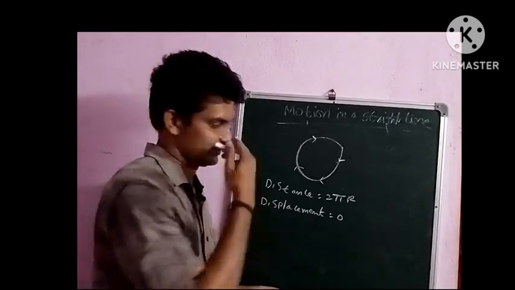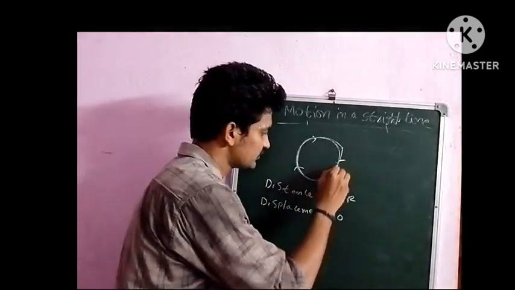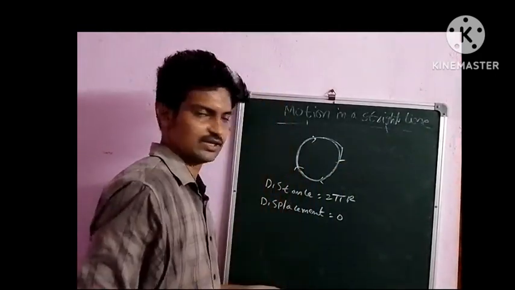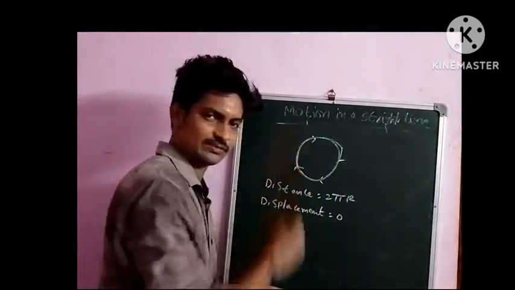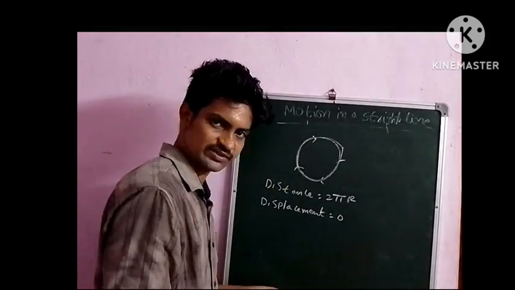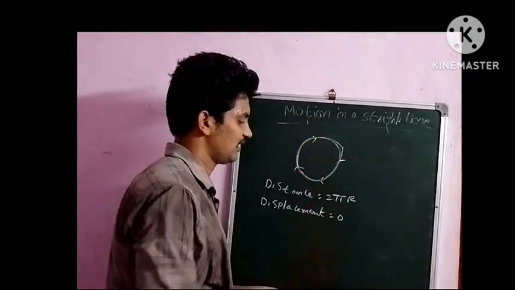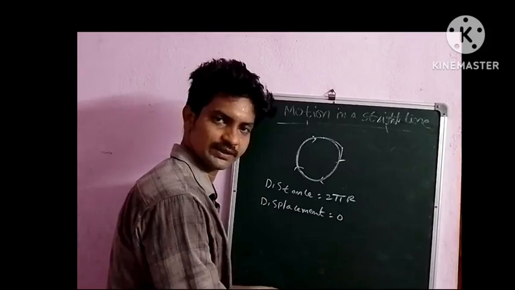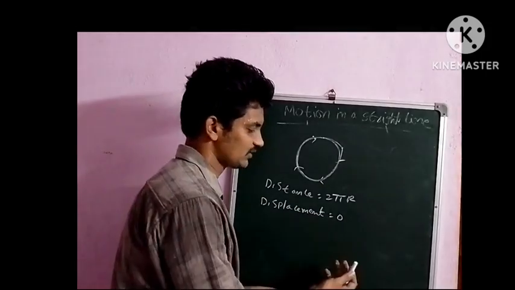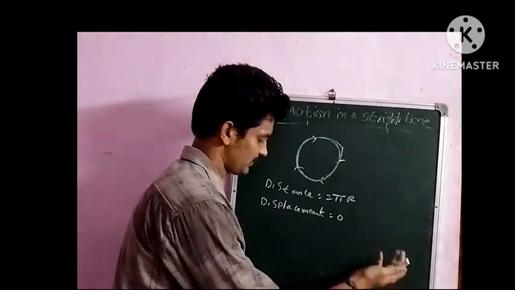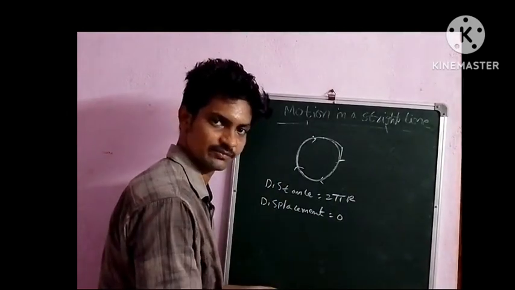Why? Because the object moves from this position to this position. The final position and initial position are the same. That's why displacement is 0. The total circumference of a circle is 2 pi r. That's why the object covers the distance 2 pi r and displacement 0.